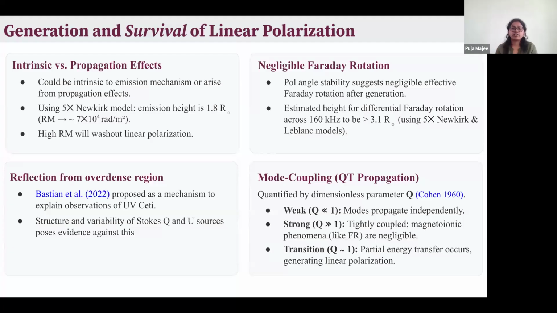And then there is the transition region between the weak and the strong coupling, where partial energy transfer can occur between the X and O mode, and therefore can generate linear polarization.